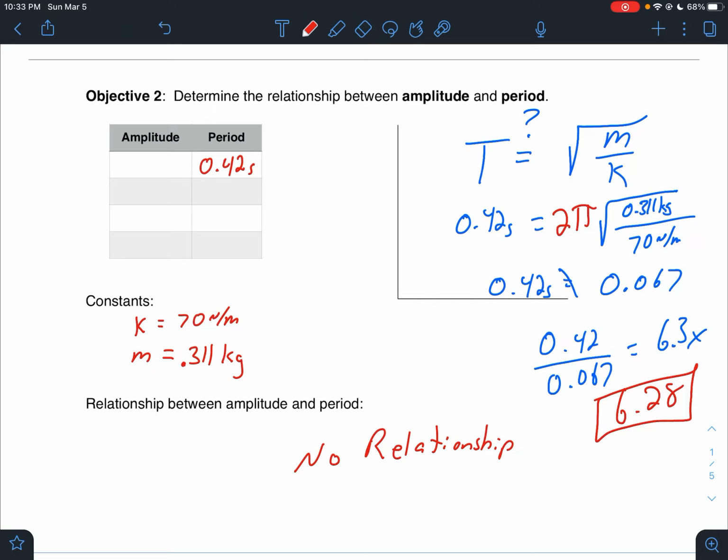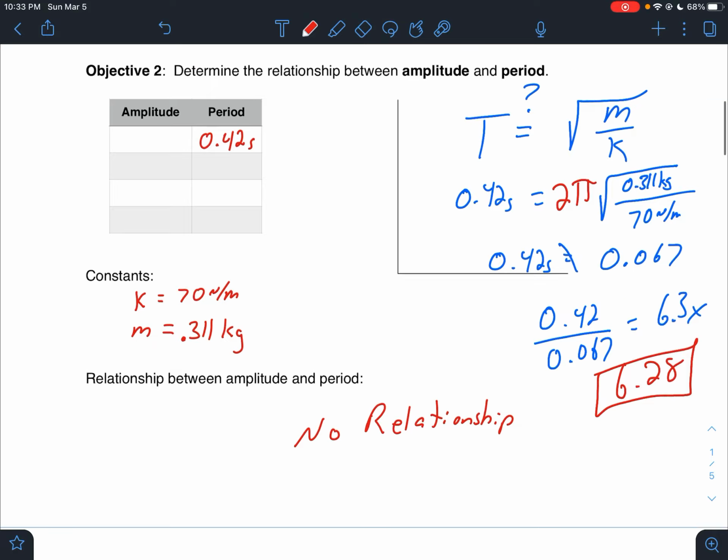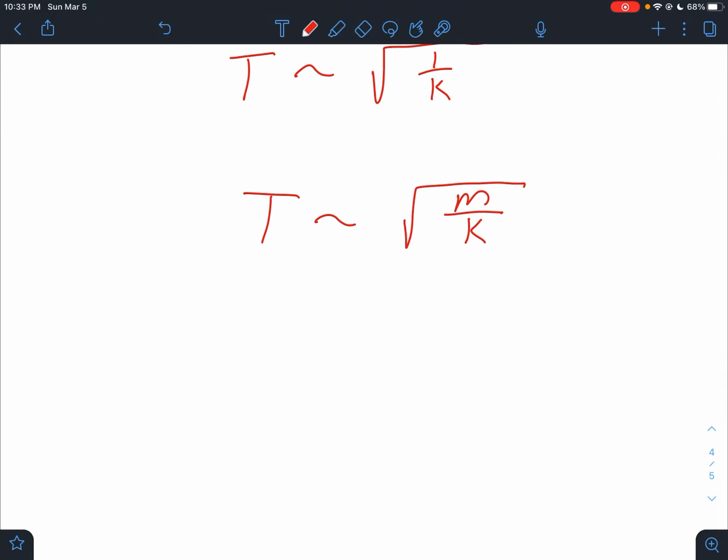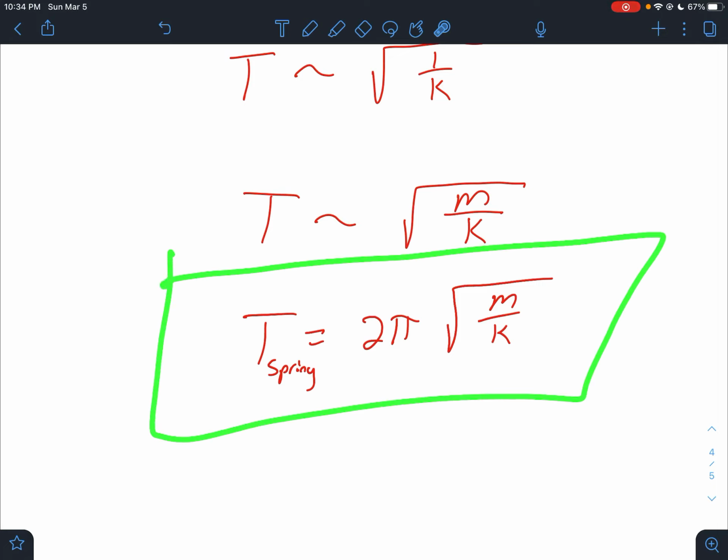So if we go back to our objective 5, we can make our equation an actual equation, and this is the period of harmonic motion of a spring. This is our resulting formula, or equation rather.